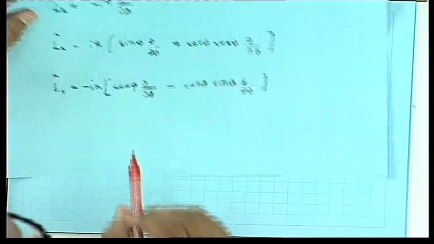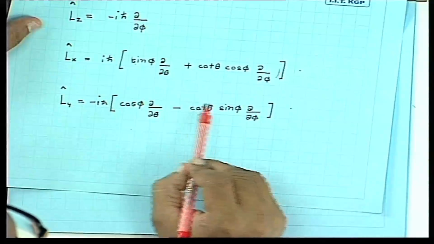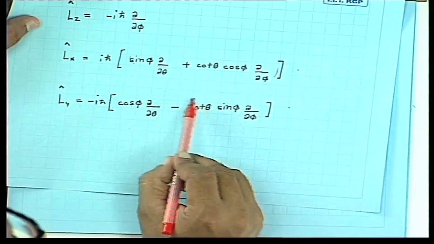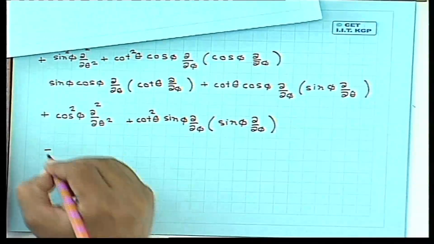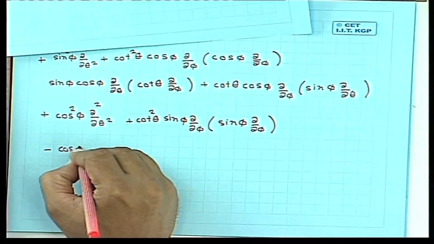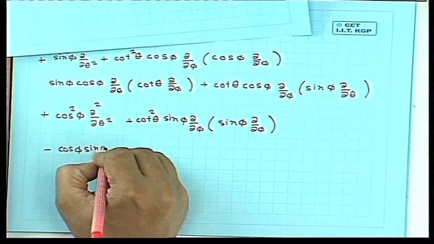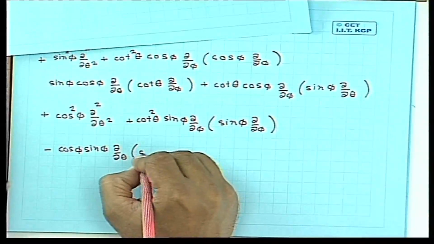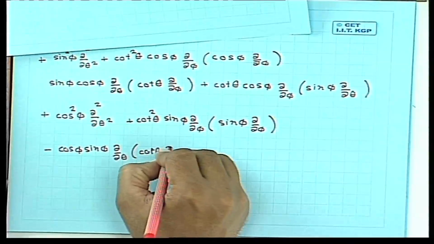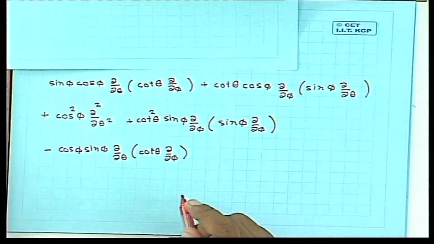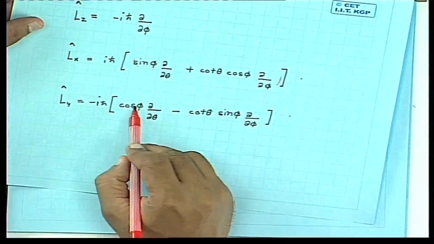Now I have the product of this with this, and del theta will act only on cot theta. So I have minus cos phi sin phi del theta cot theta del phi. And I have the last term, which is this acting on this.